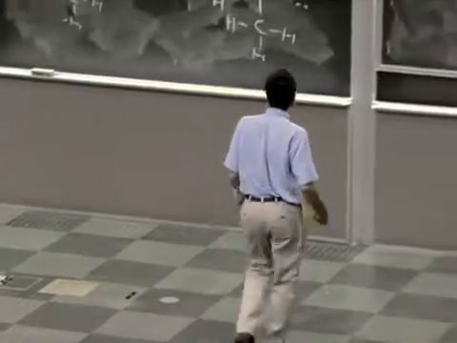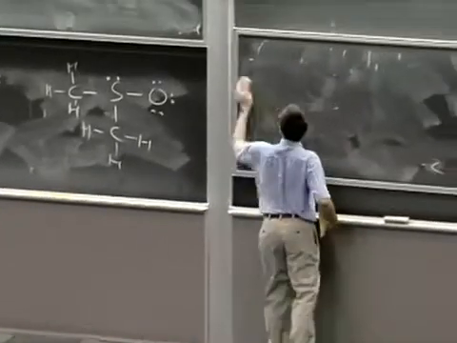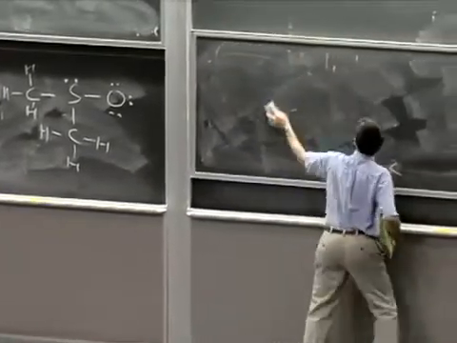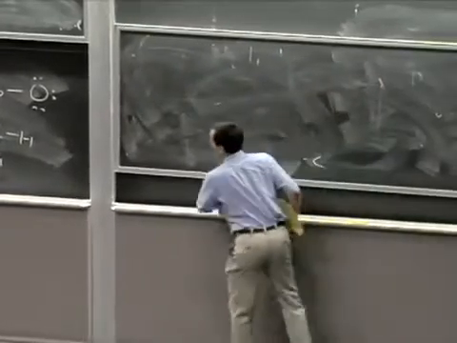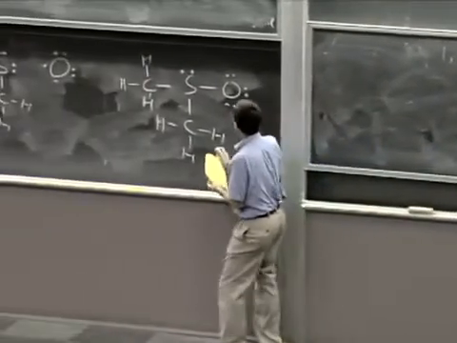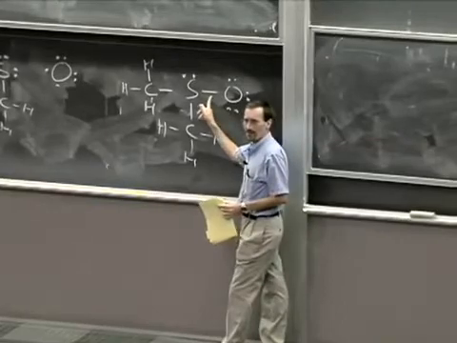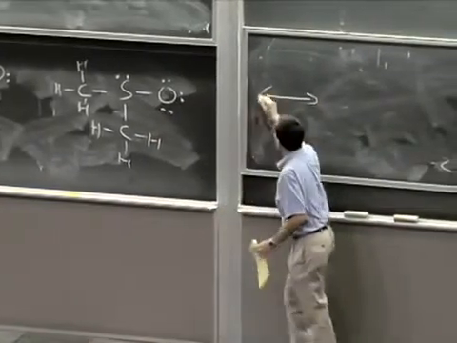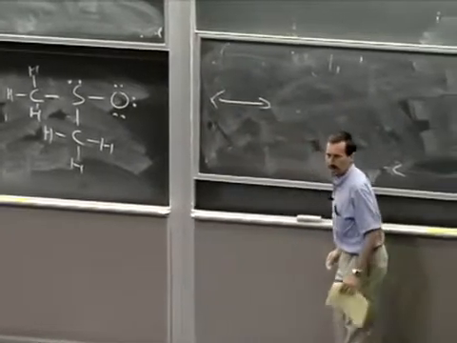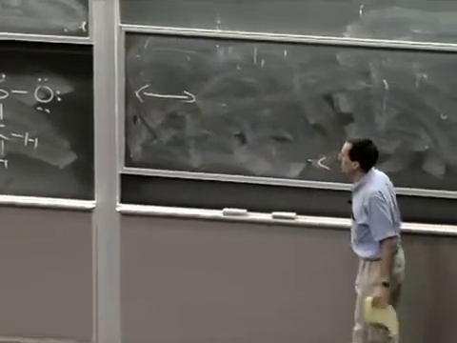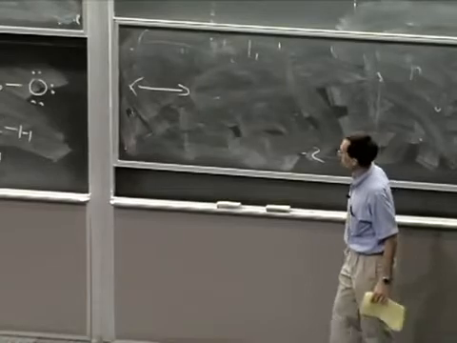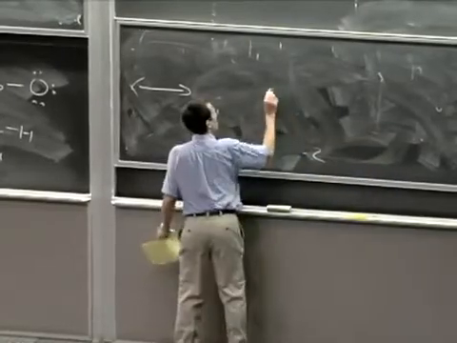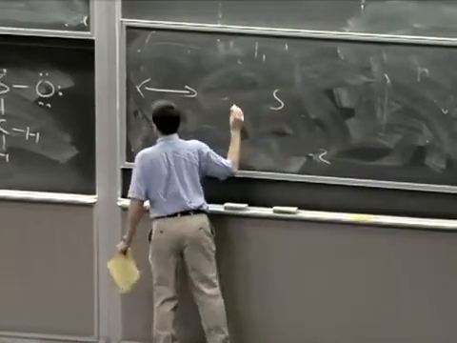Okay, so the question is, yes, can we draw a double bond between the sulfur and the oxygen? And this is one very special case because the sulfur can have 10 electrons around it. This is one very special case where you could indeed draw an extra bond.